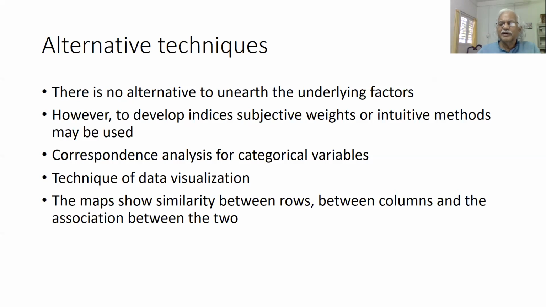They are qualitative variables. If you have qualitative variables, males, females, poor, rich, rural area, medium-sized town, city, metropolitan cities, categorical variables of that type, you can go for correspondence analysis. There are also techniques of data visualization and maps showing similarity between rows, columns, and association between the two.